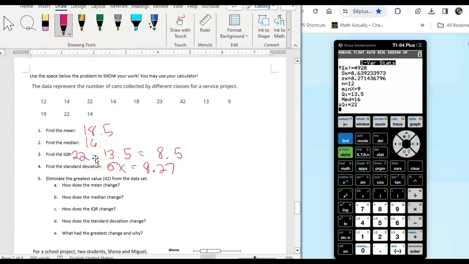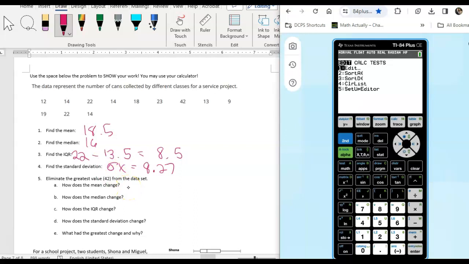It says eliminate the greatest value, 42, from the data set. How does the mean change? So let's go back to Stat, Edit, go back to this list, and we're going to delete that 42. I pressed the delete button there to bump everything up. Then we're going to go Stat, Calculate, One Variable Stats. Let's calculate. Whoops, I think I pressed a few too many buttons.